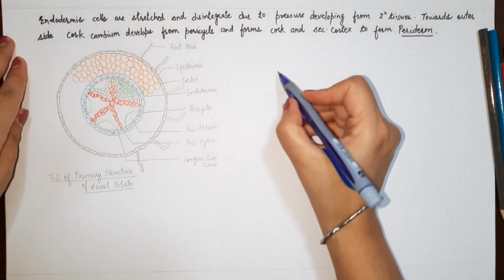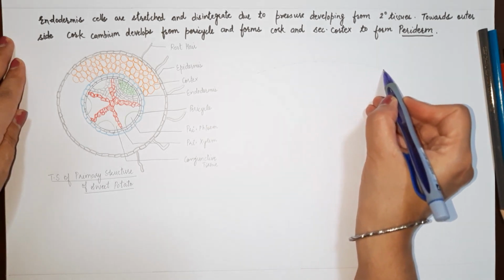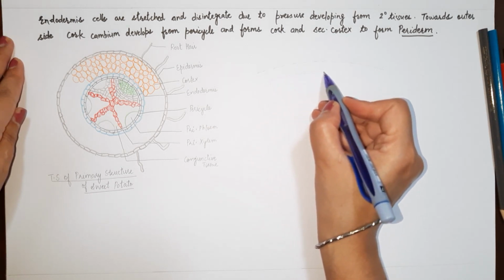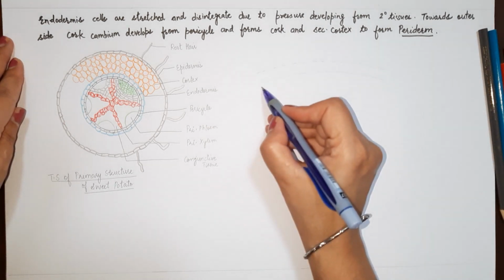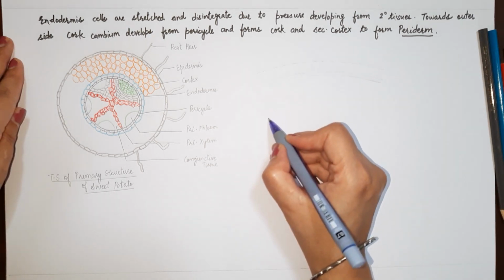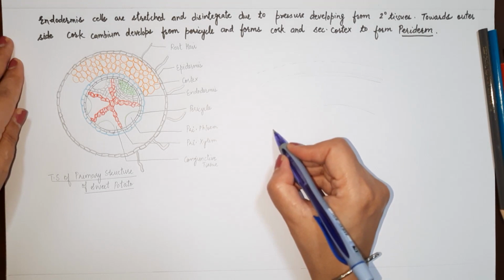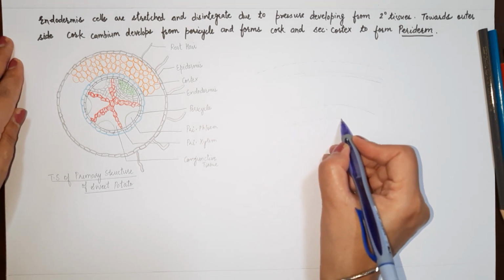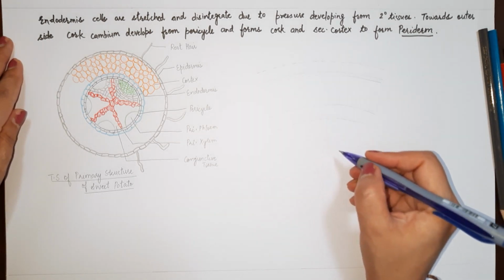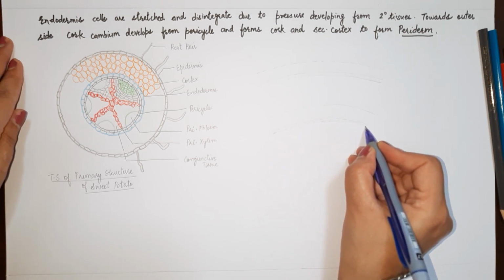So in that, firstly the boundaries, the outermost layer which will be epidermis, few layers of cork, cork cambium, secondary cortex, phloem, secondary phloem, then there will be the 2 or 3 layers of vascular cambium, primary cambium.